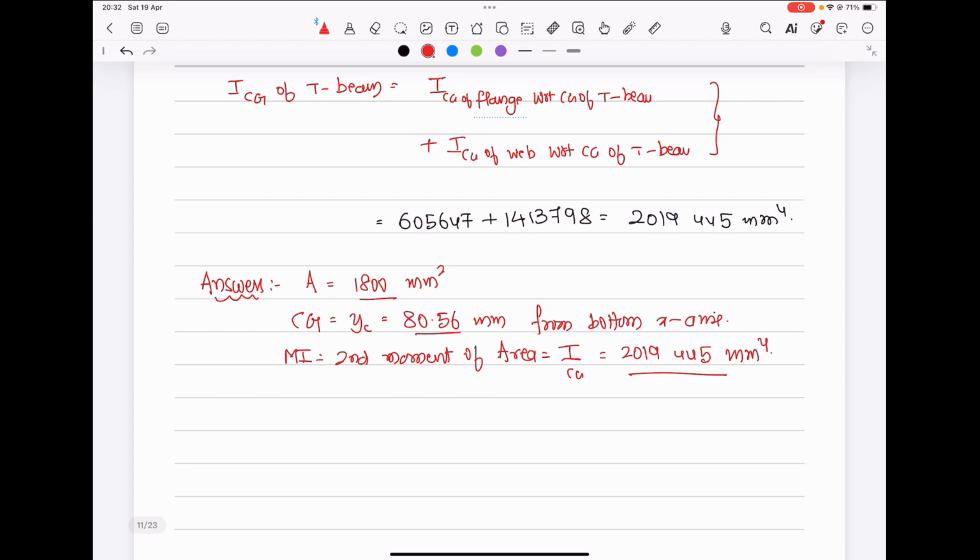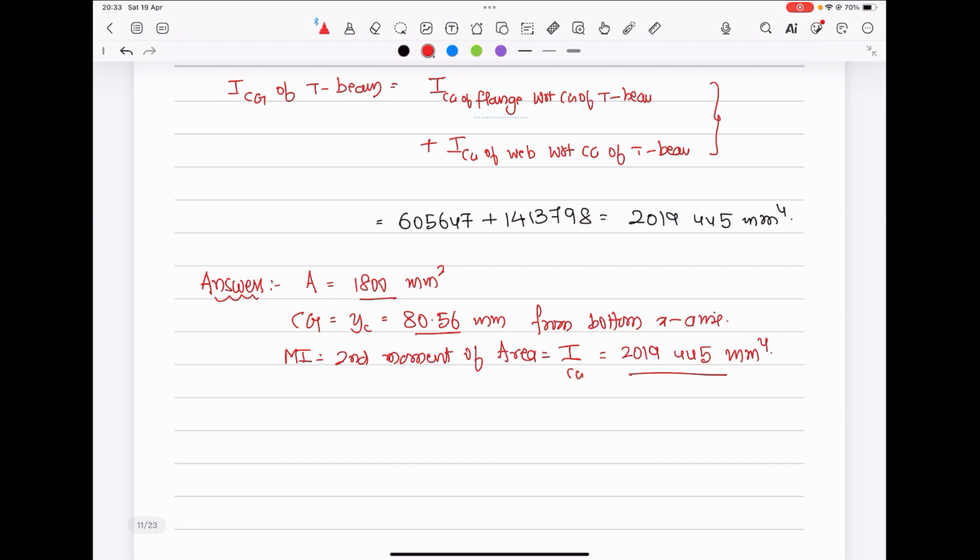Even though the values are immaterial here, the procedure has to be understood well. If a combination of different shapes of areas is given, we have to consider each area separately and find out the center of gravity of that area, area 1, area 2 or area 3.